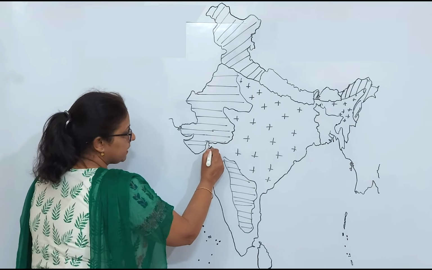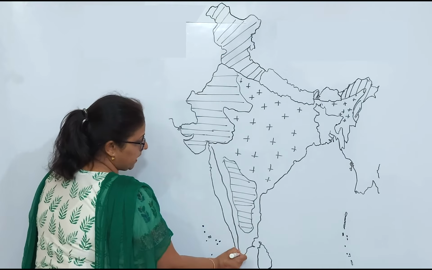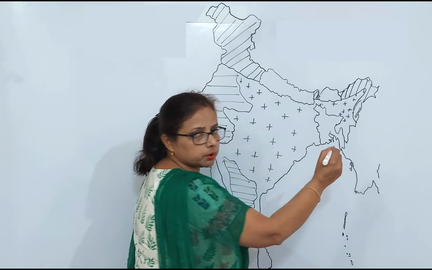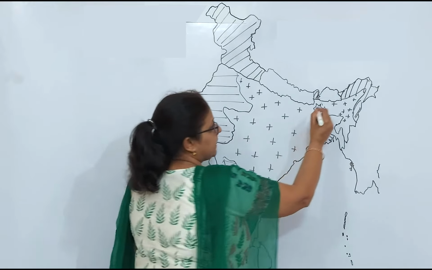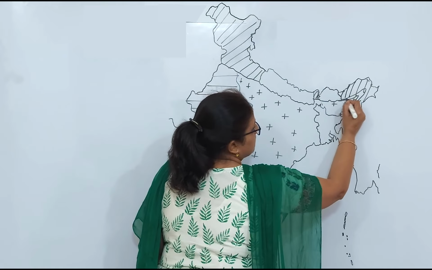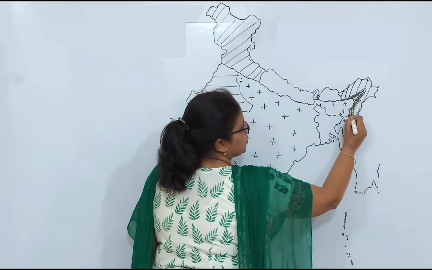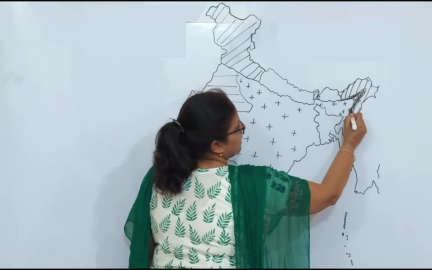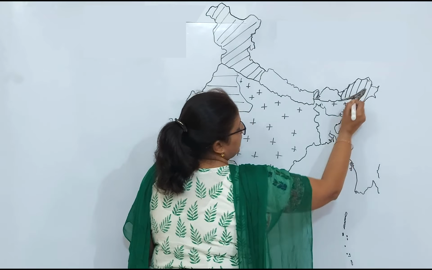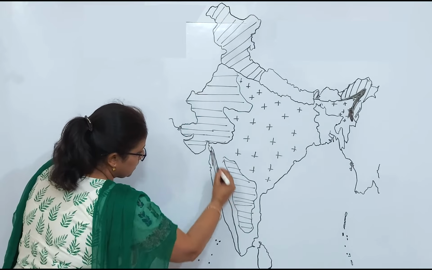Now here we have the Western Ghats, which get very heavy rainfall. Similarly, these areas also in Assam get very heavy rainfall. So all these areas have a tropical rainforest vegetation, because these areas get very heavy rainfall due to the monsoons.